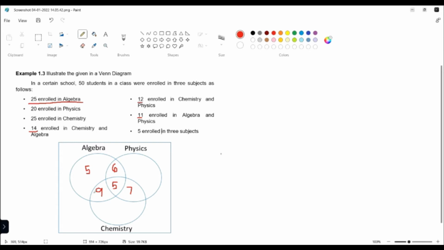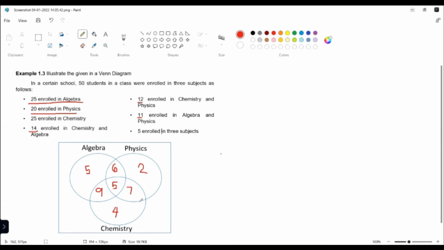Okay. And if there are 20 students enrolled in physics, how many are taking physics only? 2 po. We have 2. And then lastly, how many are taking chemistry only? 4 po. We have 4. And last question.